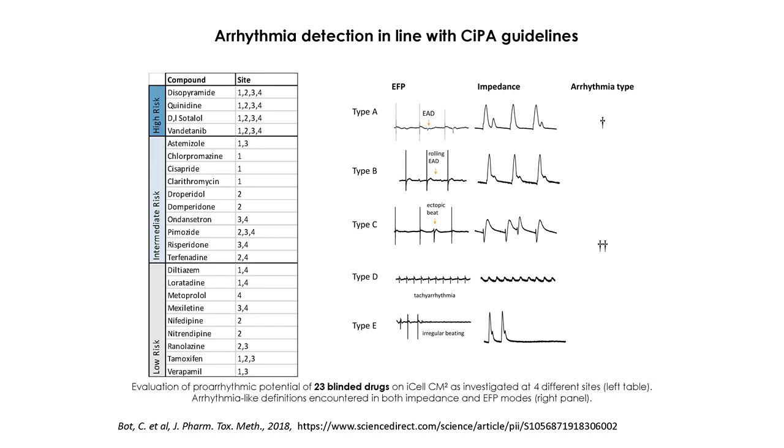Also according to the CiPA protocol, we were able to identify in the iCell Cardiomyocyte squared the different types of arrhythmia, so type A, B, C, D, and E, and we could capture these arrhythmia in EFP traces and also in impedance traces. Later on you will see these markers here, this one for type A, and this one here is pooled type A through E. You will see that in the table.